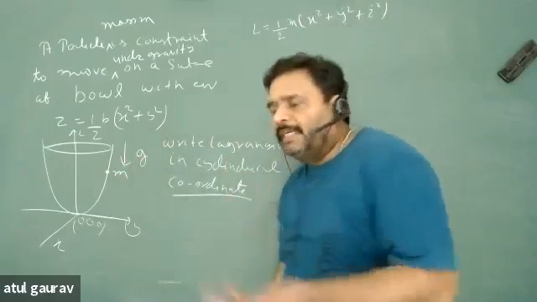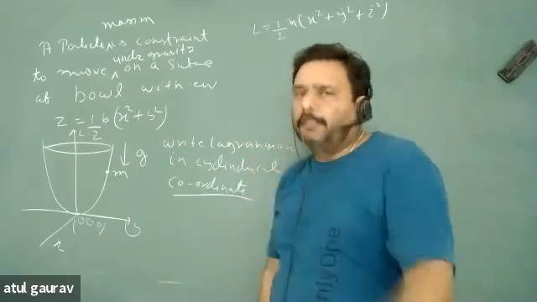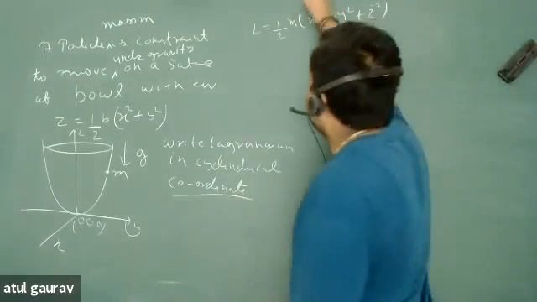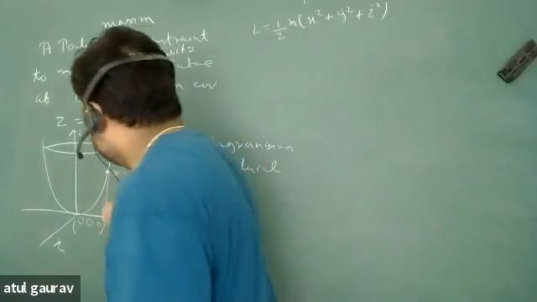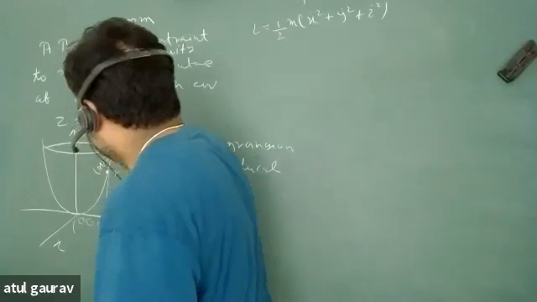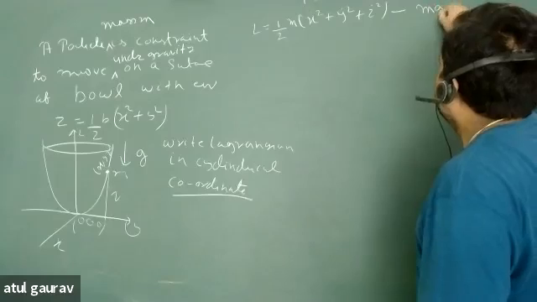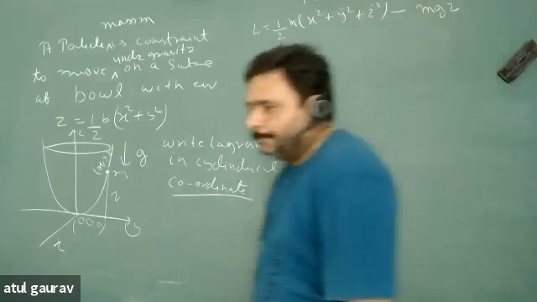Once you write in Cartesian coordinate, you can easily transform everything into another coordinate system. So this is the Lagrangian: kinetic energy minus potential energy. This distance is z, this point is x, y, z. So what will be the potential energy? The potential energy is mgz, and this is your kinetic energy.